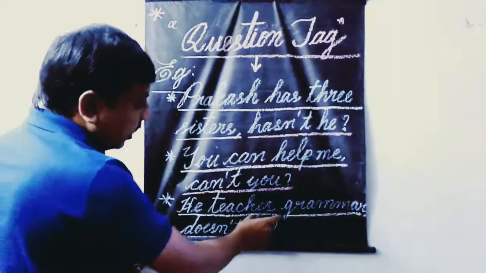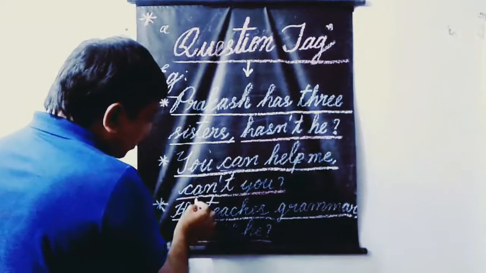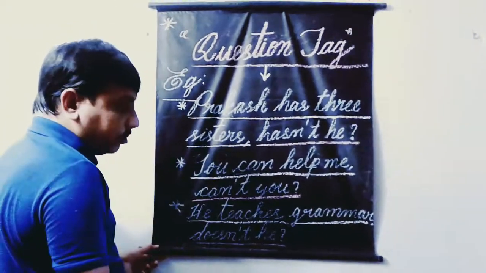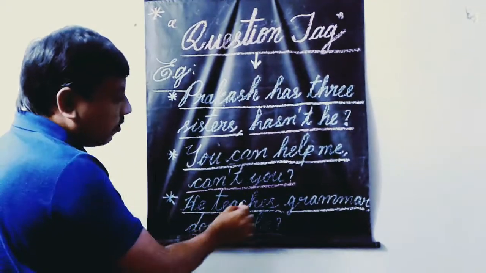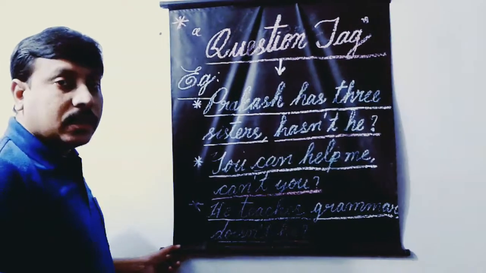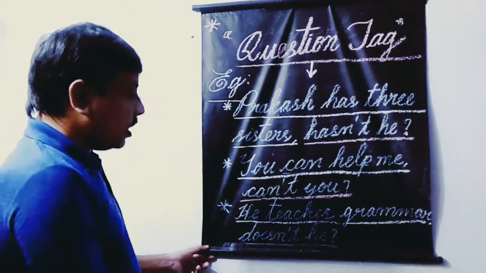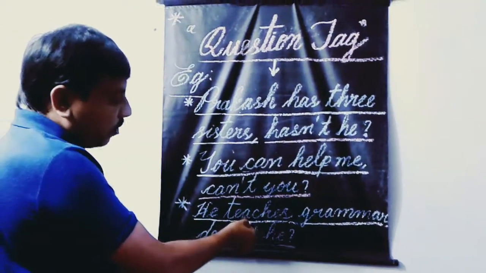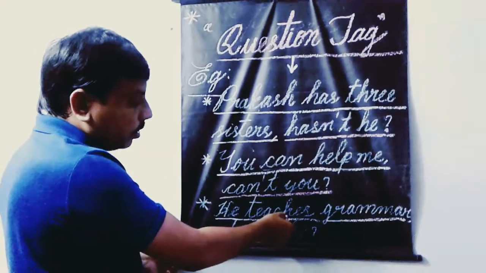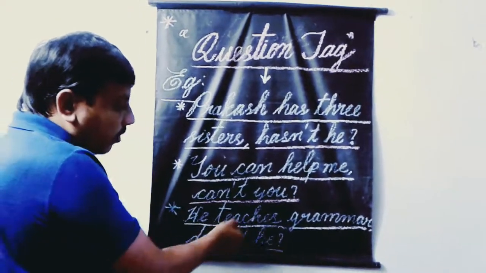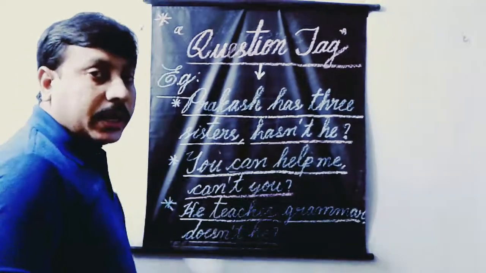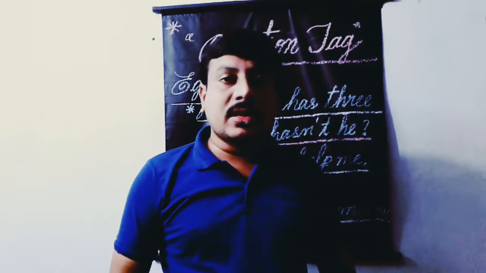He teaches. Here the subject is in singular number. If the subject is singular, verb 1 takes s or es in the simple present tense. In such a way, here you cannot find the finite verb. If you can't find the finite verb in the given statement, you can use do or does or did in the question tag.